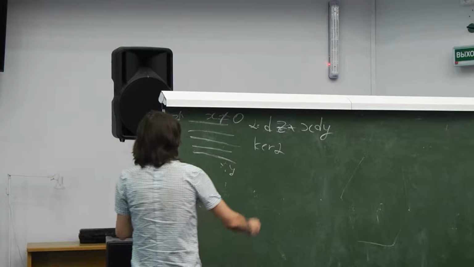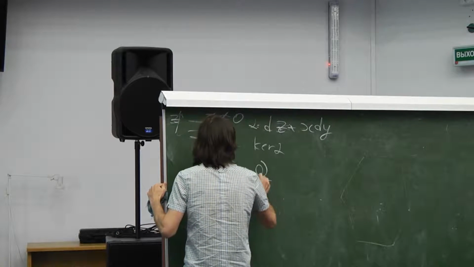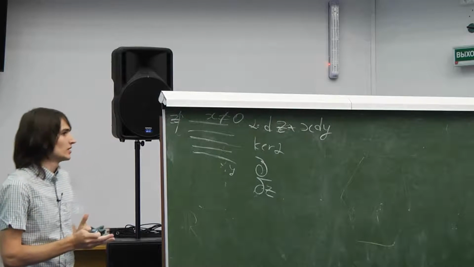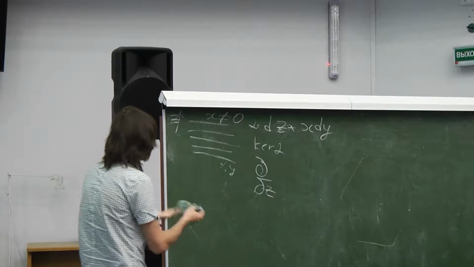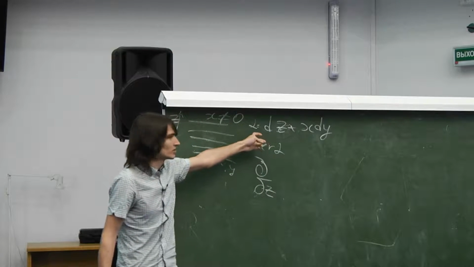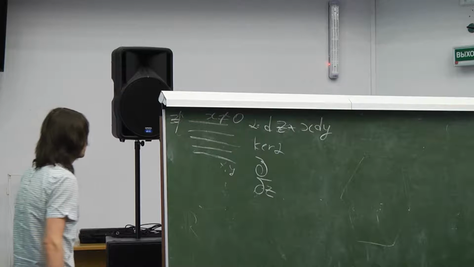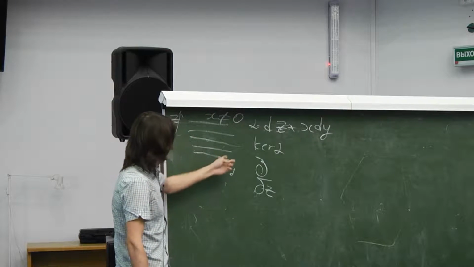Take the vector field d over dz. This vector field obviously preserves this form and our contact structure. So locally our surface is convex.